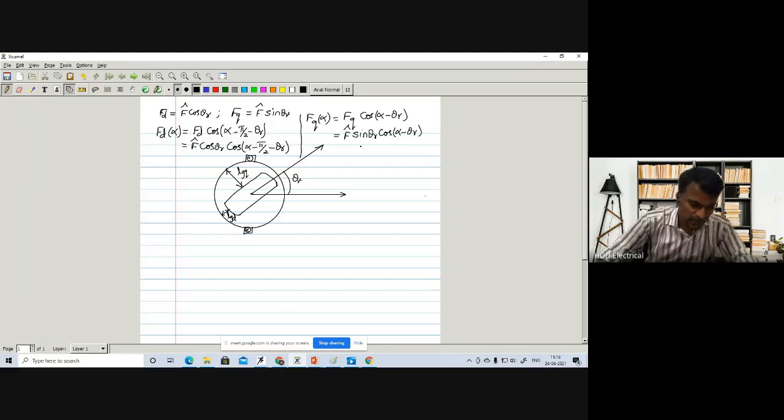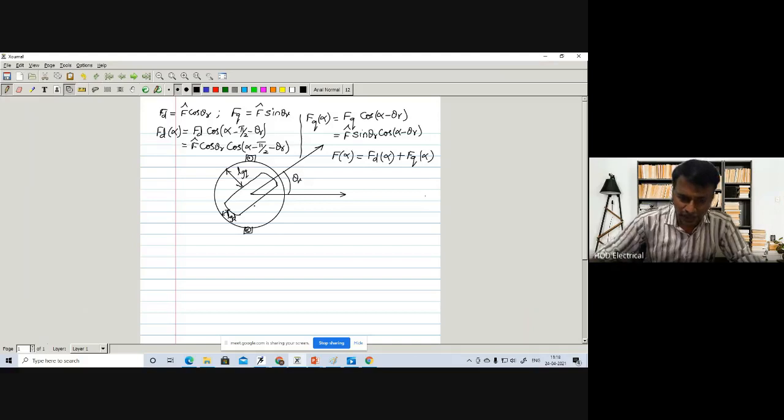Now the resultant magnetomotive force is the sum of the magnetomotive force due to the air gap of LGD and the magnetomotive force due to the air gap of LGQ. Therefore, the resultant magnetomotive force is FD of alpha plus FQ of alpha.